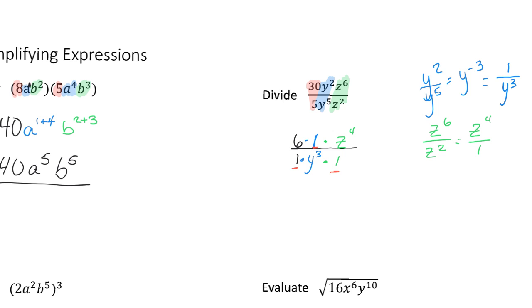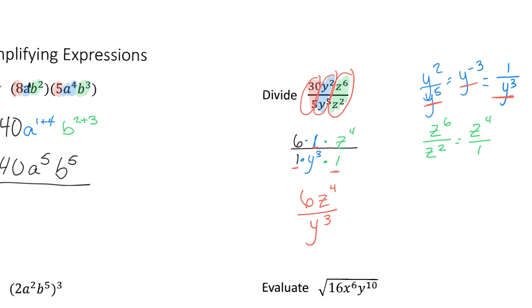So then you would see that it's 6 z to the 4th all over y cubed. So again, we take it step by step, look at each thing individually, use our properties of exponents, just like the y. Sometimes you might have 2 properties to use at once. That's okay. Use as many as you need to.